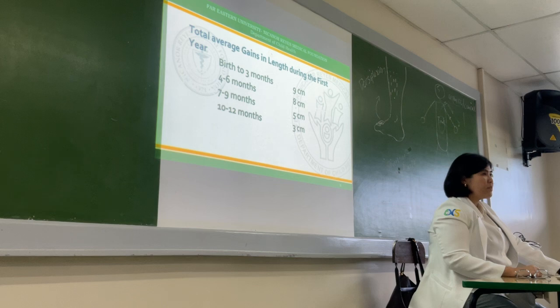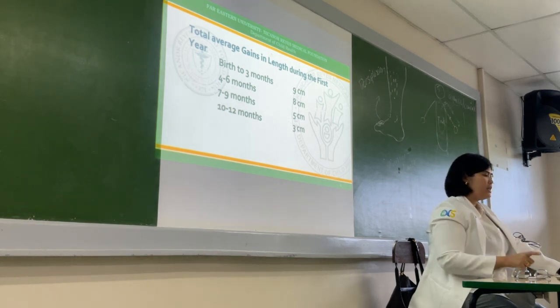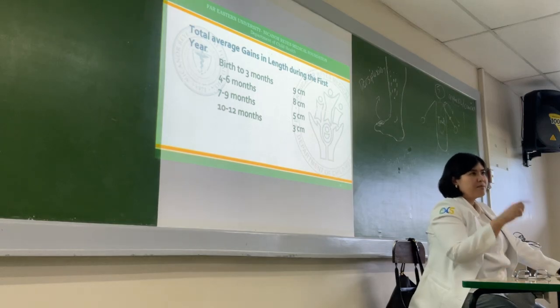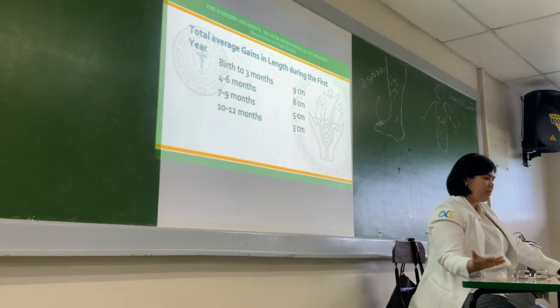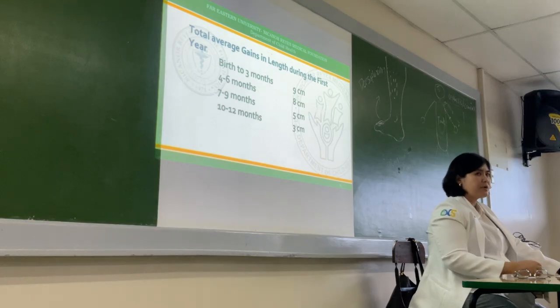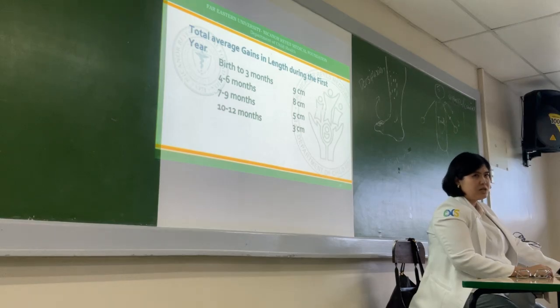So again, how do we break down? Kasi totality yun eh. In the first year of life, they should already gain 25 centimeters. So hindi siya divided equally from the first month to the 12th month. By the first 3 months, there is a gain of 9 centimeters, or 3 centimeters per month. Okay? By the end of the 6 months, there is another 8 cm increase.